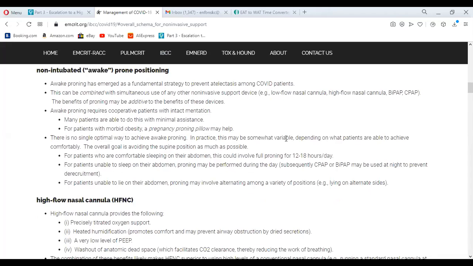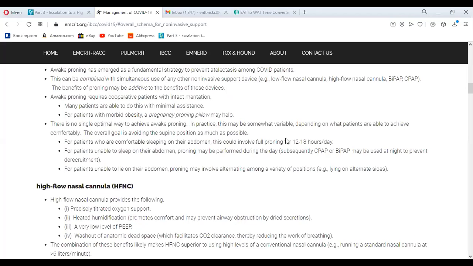So for those that are unable to do that, that's a good sign that you may use CPAP or BiPAP at night while they are in supine position. And at the same time, the patient can be alternating between the prone and the side or supine position, depending on how it works for you and your clinical judgment.